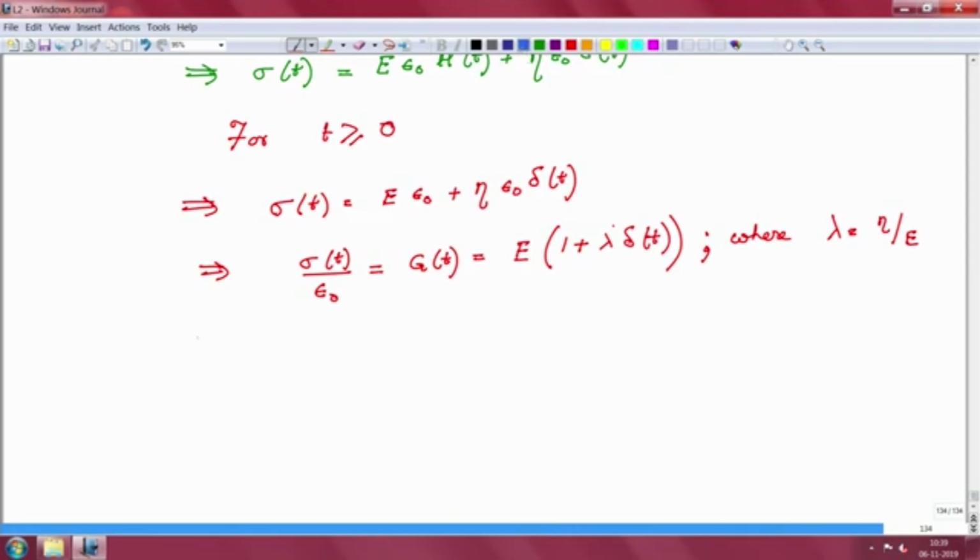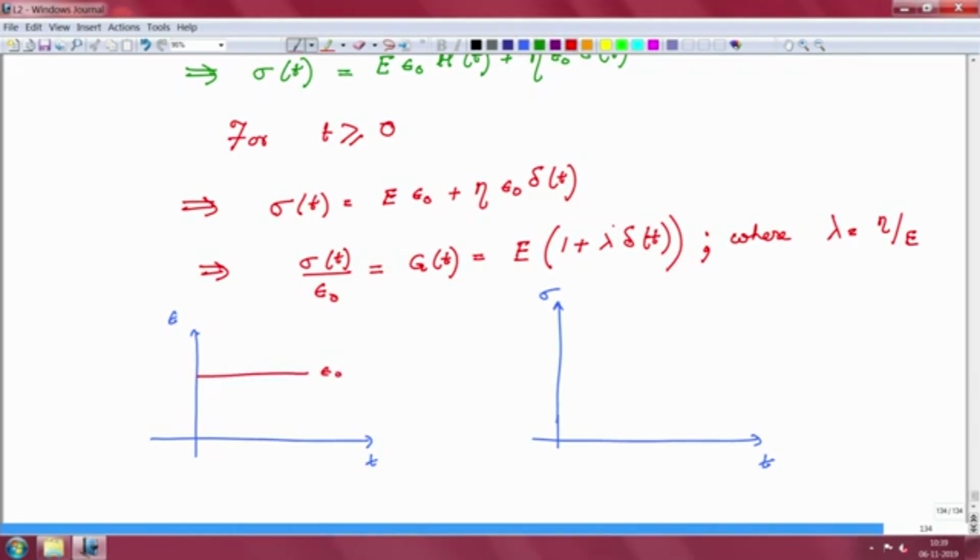If we had to plot our results, you have epsilon versus time. In this case, you are applying a known strain to the system and then studying what happens to the stress history.